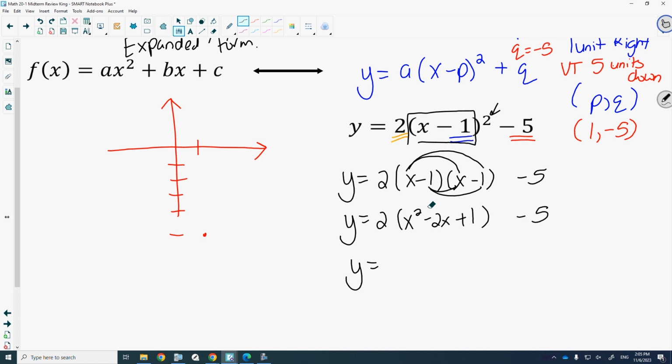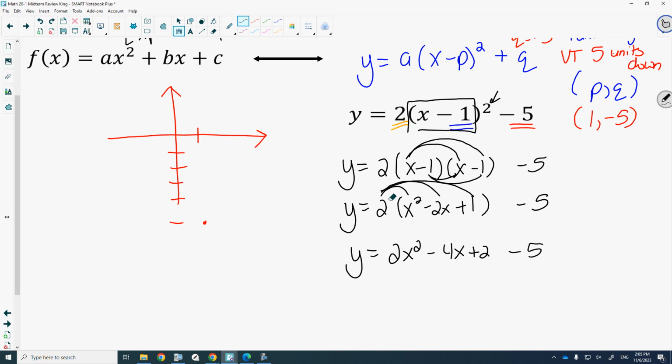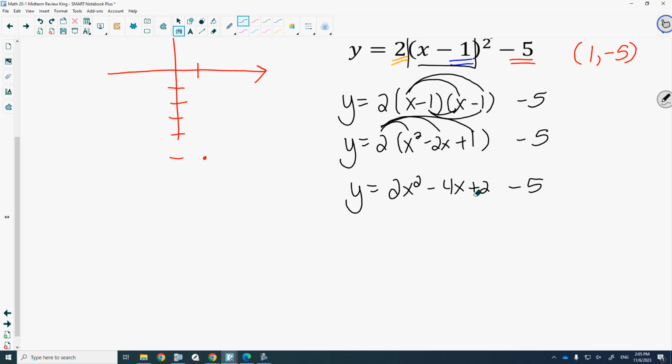Now distribute in that 2, and we will get 2x squared minus 4x plus 2. Bring down that -5. To figure out my constant, it's going to be 2 minus 5, which is -3. So 2x squared minus 4x minus 3.